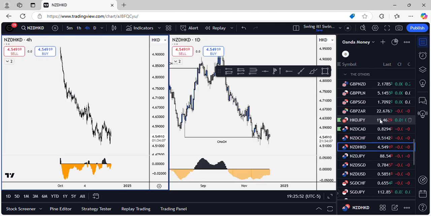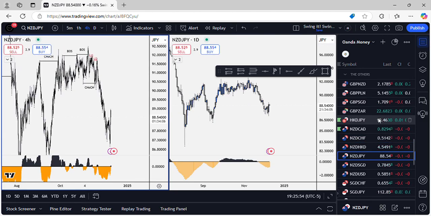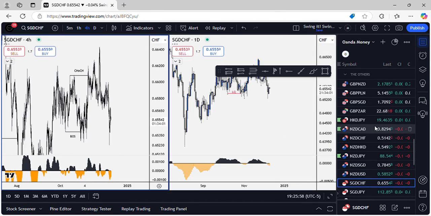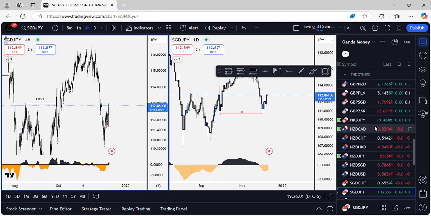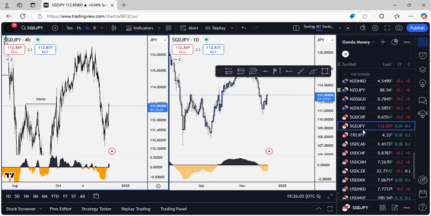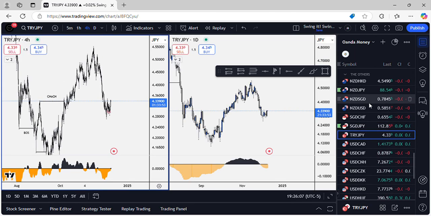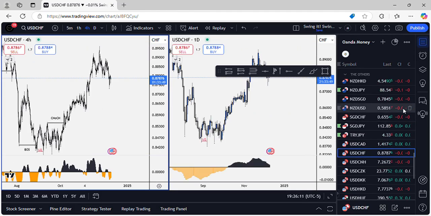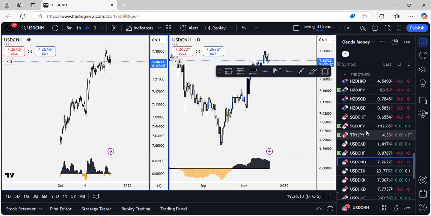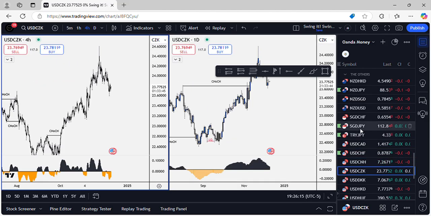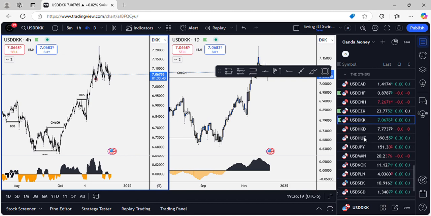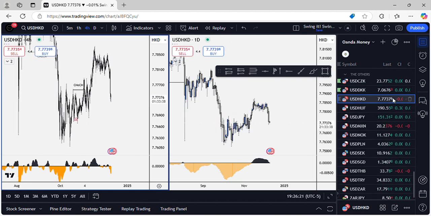And again, we're just going through getting the list of potentials and just flagging it so we can see what are potential trades for swing trading.